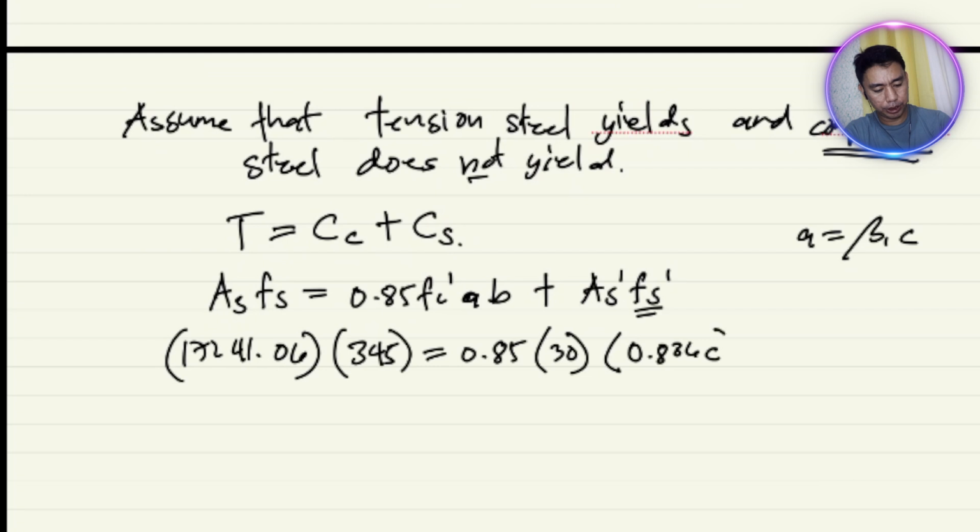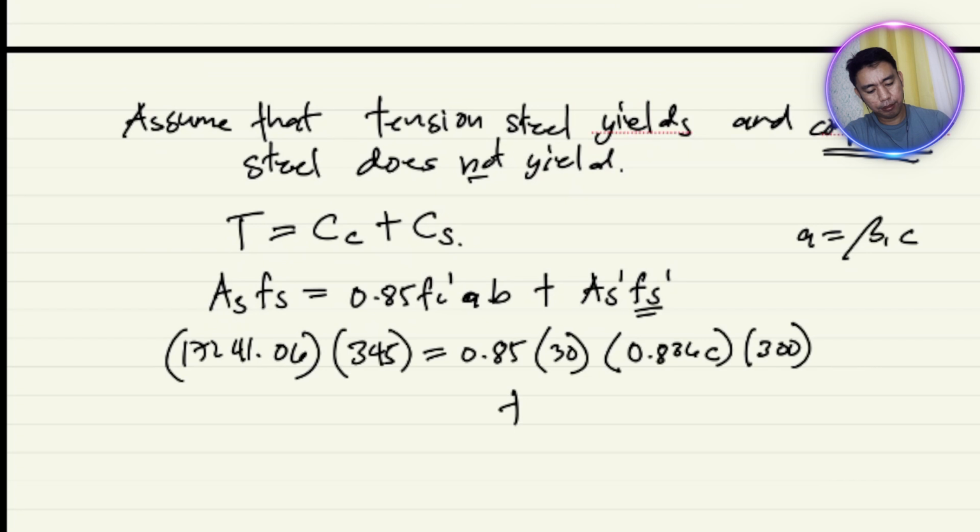0.836 times C. Okay? Because we will be solving for C here. 0.836 C times B of 300. Then plus natin AS prime, FS prime. Ano yung nangyari? Ang AS prime, dito ko na ilagay sa baba siguro.